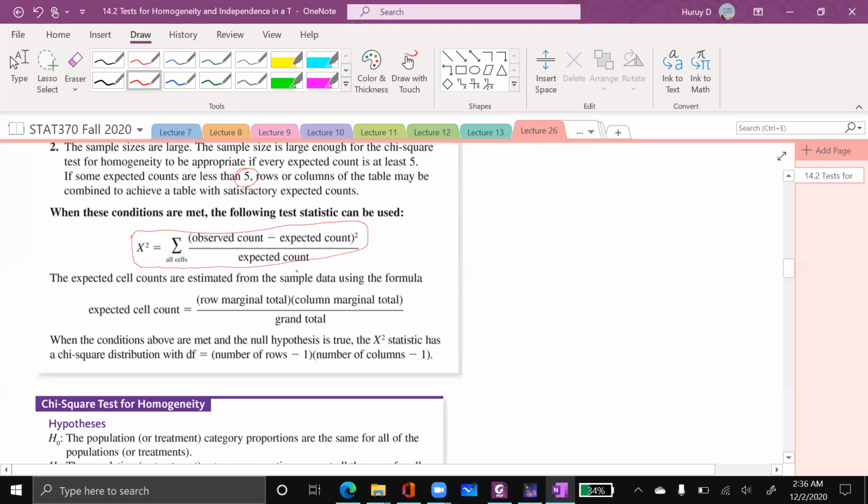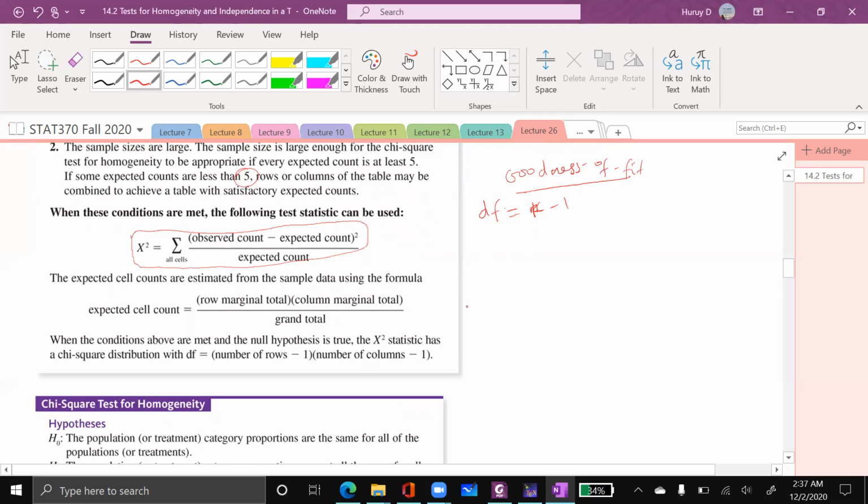Okay. And the degrees of freedom, this is one more thing that you need to remember. Degrees of freedom for goodness of fit, for this kind of test, is just k minus 1, where k is the number of categories. If you have 5 categories, then it will be 5 minus 1, which is 4 degrees of freedom.